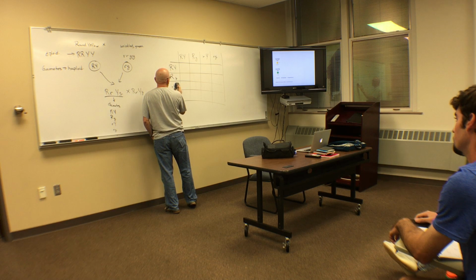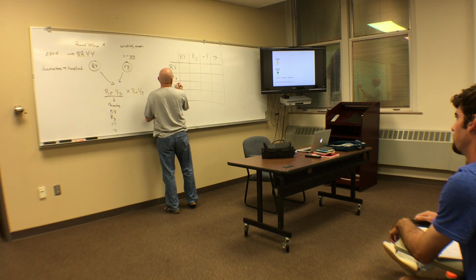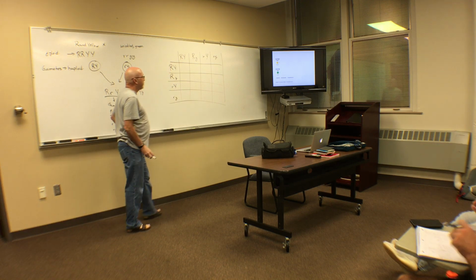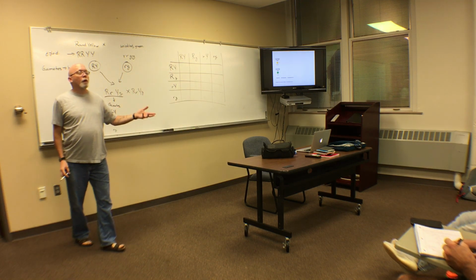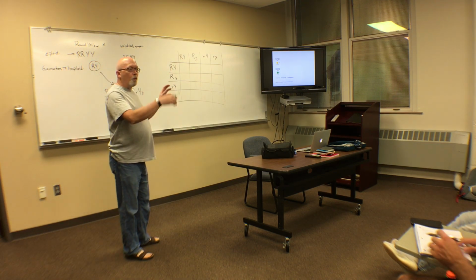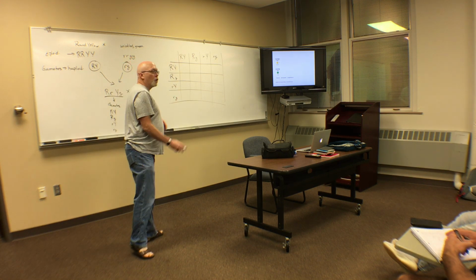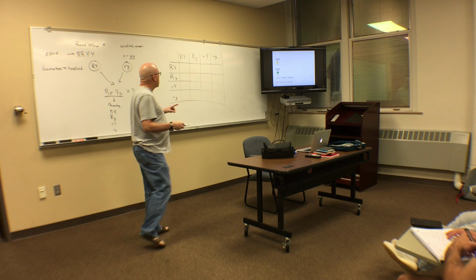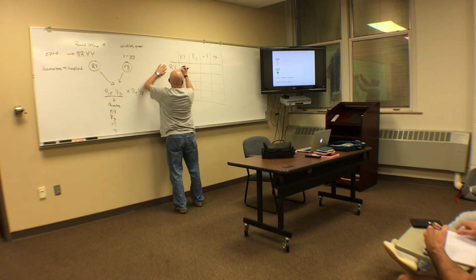Whoop, I need to draw. Always try and draw your dominant and recessive alleles noticeably different. What do we do when we work a Punnett square? We combine gametes. So to keep things straight, I try and do things systematically. So I'll take these guys and I'll bring them across.